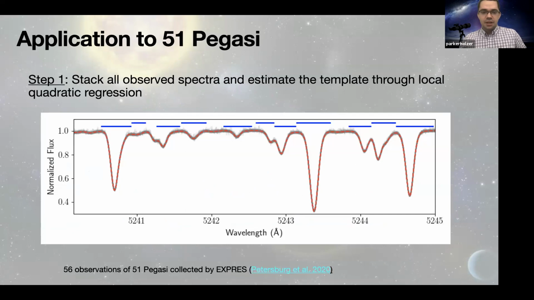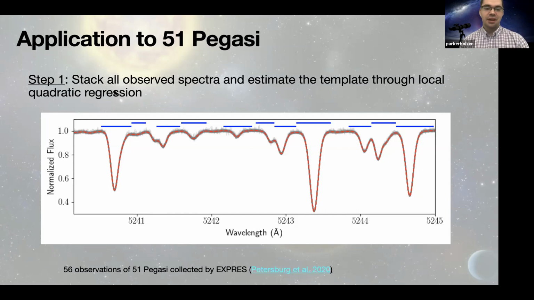So let me walk you through this whole process of this HGRV method. There are a few steps that I haven't mentioned yet, or at least I've kind of brushed over so far. So let me walk you through it from beginning to end. The first step is, after you've collected all of the spectra from the star, each at a different time, and each with a different radial velocity, the first thing to do is to estimate that template spectrum.